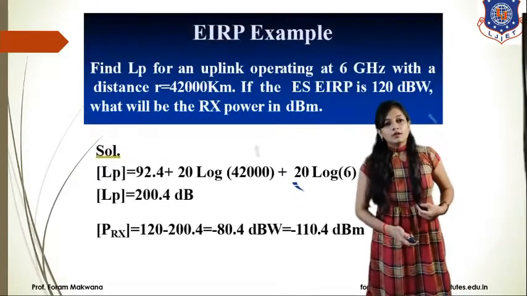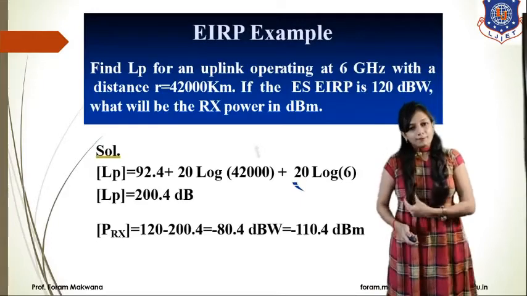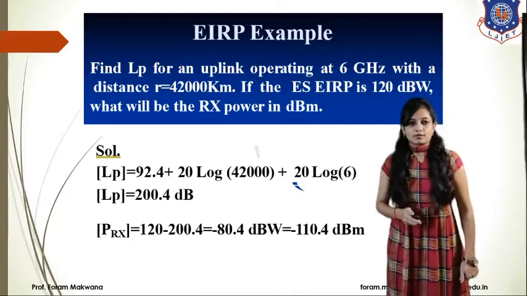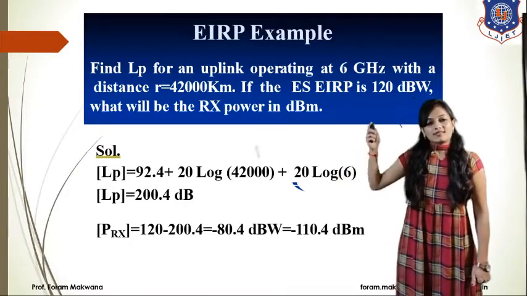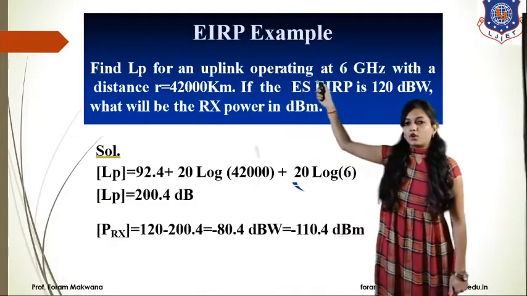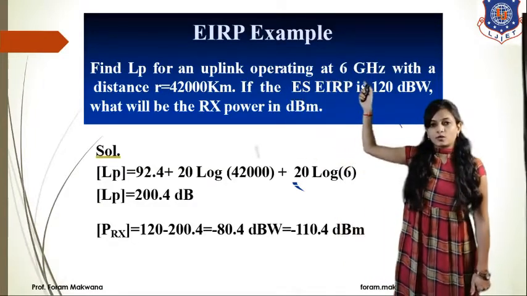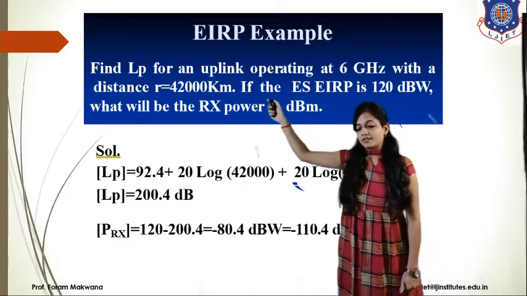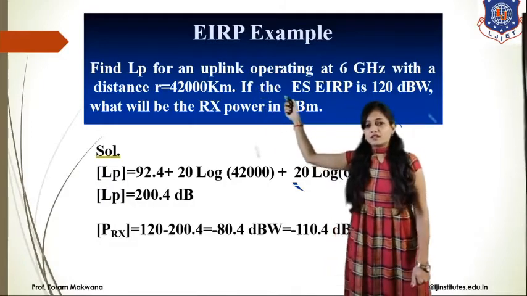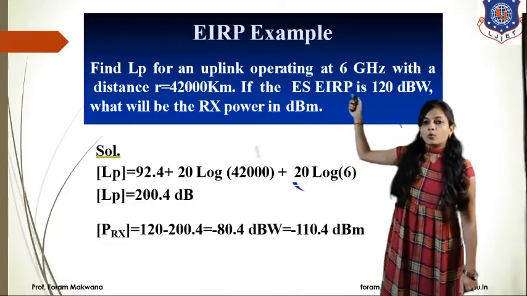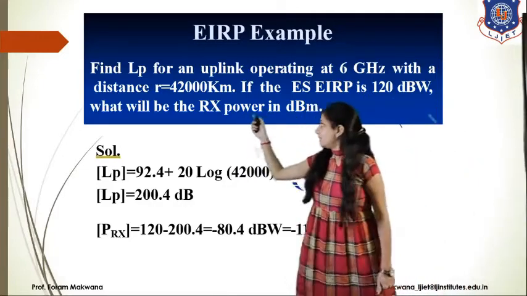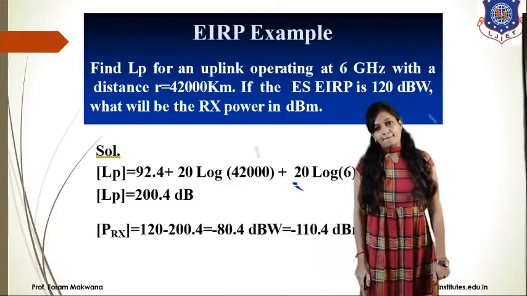Now, we will see one example based on the free space path loss. What is the statement? Find the free space path loss for an uplink operating at 6 GHz with a distance r given as 42,000 km. If the earth station EIRP is 120 dBW, what will be the received power in dBm?